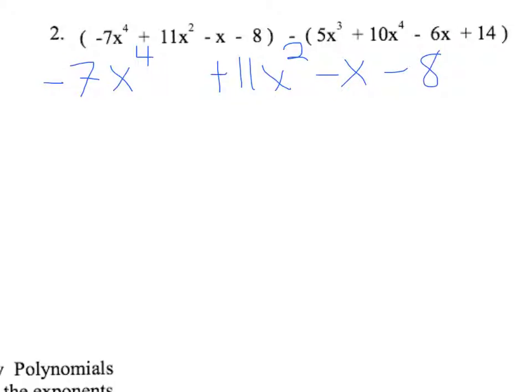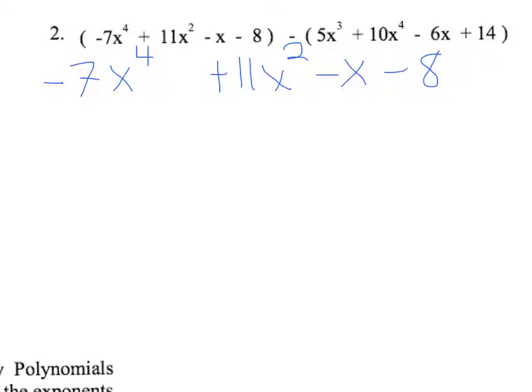Now the other polynomial has a negative sign right here in front of the parentheses. So that's going to need to be distributed, multiplied with every single term in that second polynomial. Everything inside becomes the opposite of what it actually is. And so I have a negative 5x to the third power.